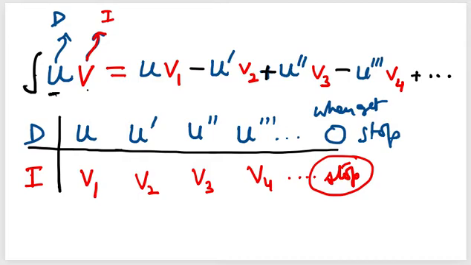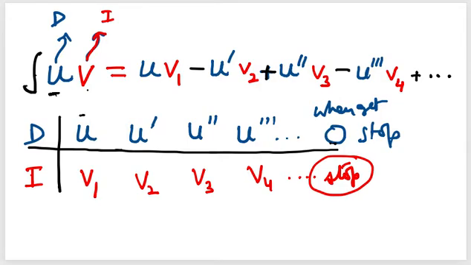In the top table I have written all the derivatives. You will stop when the derivative is 0 and then you do integration. But an important point is that differentiation will start from the function itself, but integration will start from the first integration.